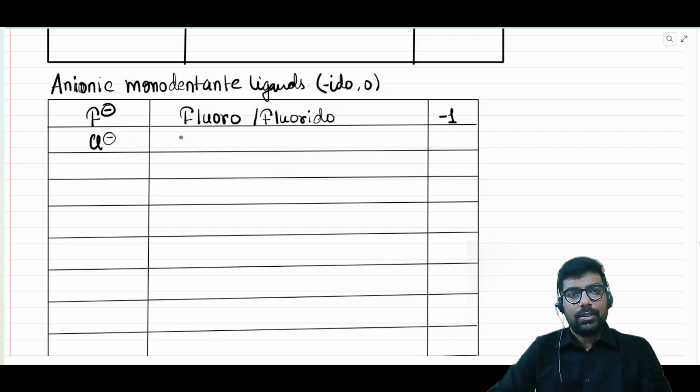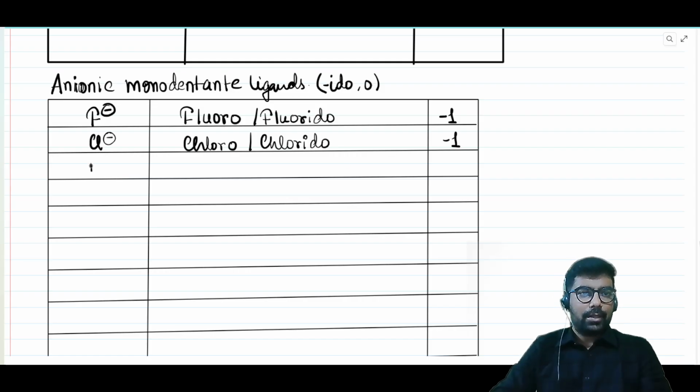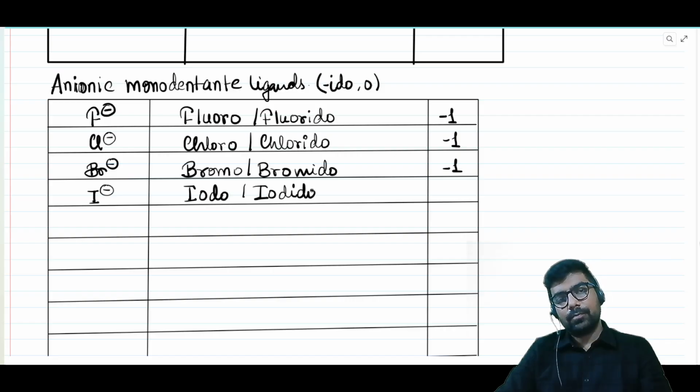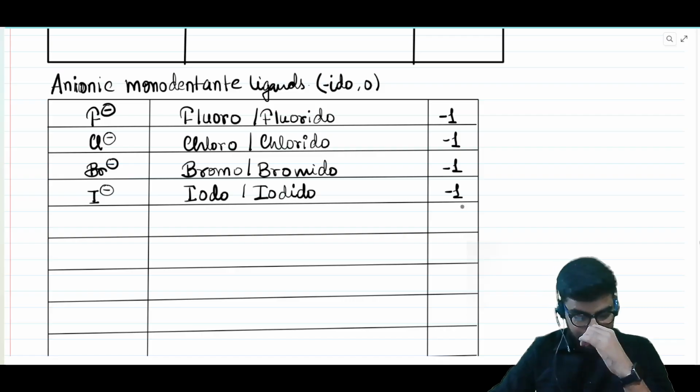Cl minus, same logic: chloro or chlorido. Charge will again be -1. Br minus, bromo or bromido. I minus, iodo or iodido. Clear? So everything will have an ido or O at the end.